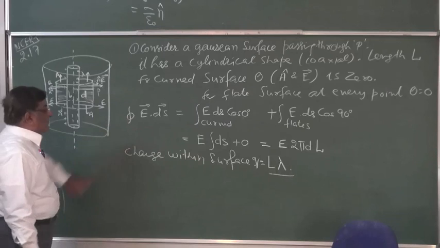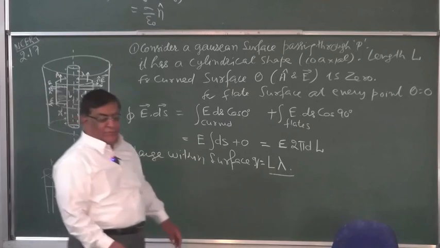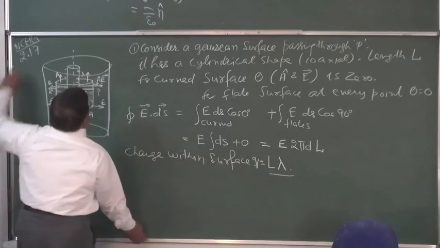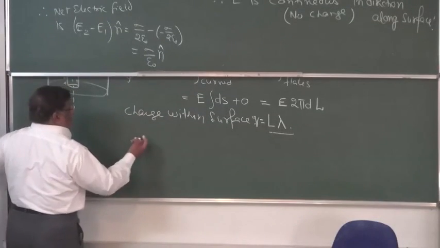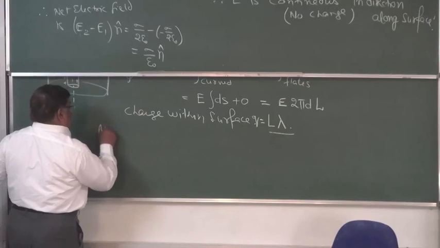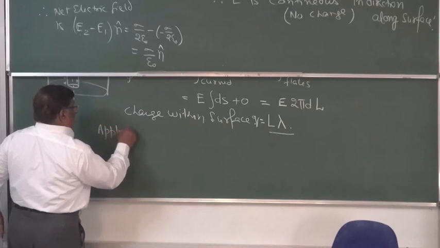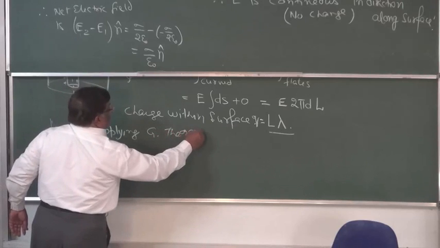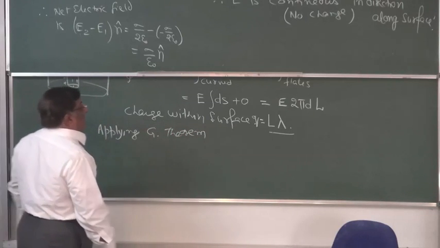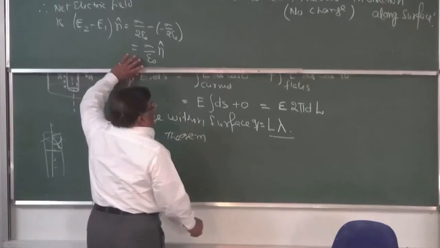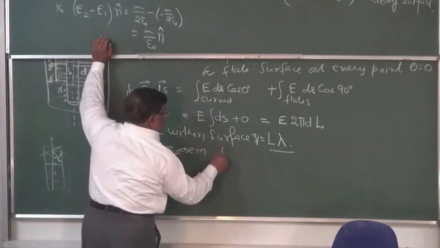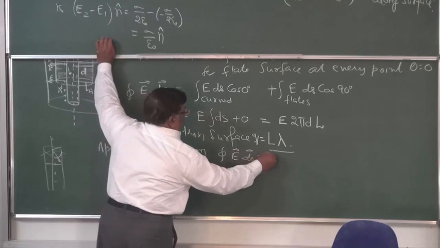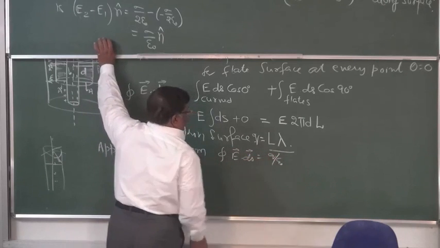1, 2, 3 steps are done, and now we take the fourth step, that is applying Gauss theorem. What is Gauss theorem? Closed integral E dS is equal to Q upon epsilon naught.